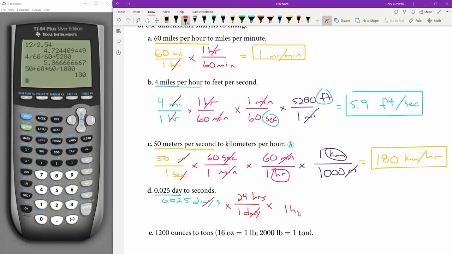Every hour has 60 minutes. Boom, gone. Every minute has 60 seconds. Cancels. And I'm done. 0.025 of a day is just 0.025 times 24 times 60 times 60, 2,160 seconds.